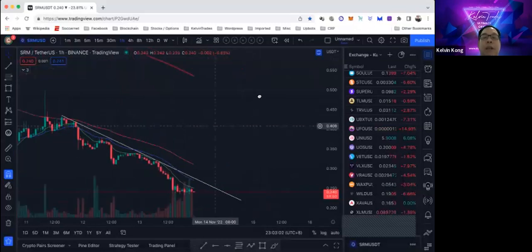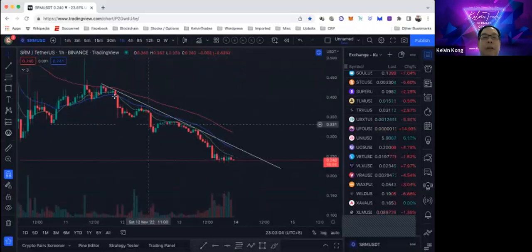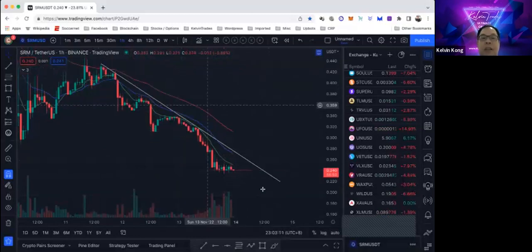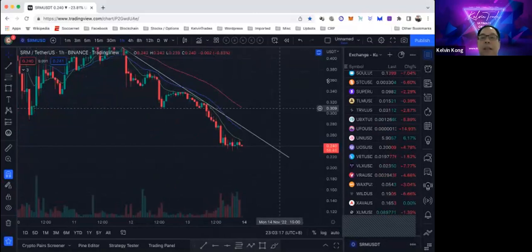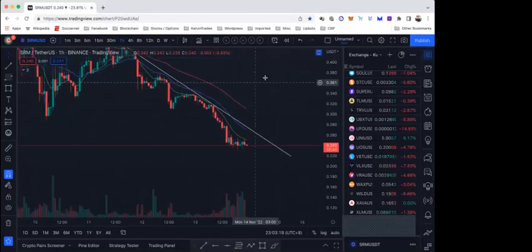All of you experts should be experts already. What should we do based on this drawing, this trend line? Can you help me? We draw support. There's no support.